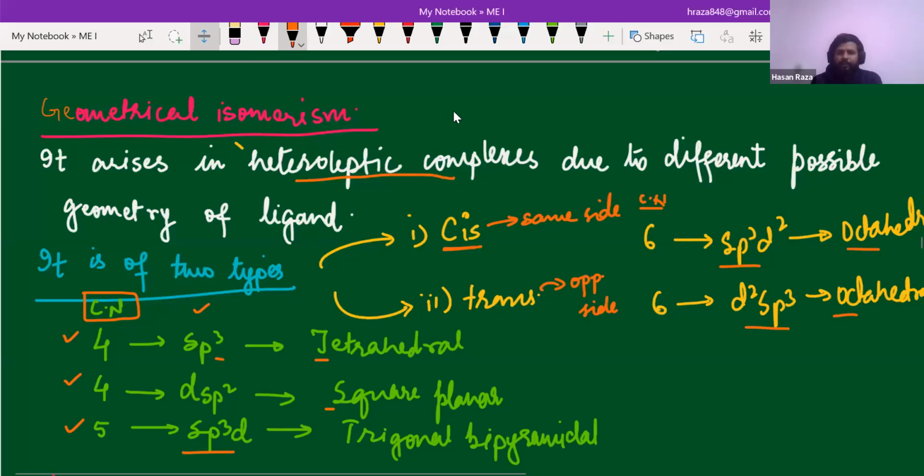Can you see the screen? Sir, geometrical isomerism, right? Yeah, I can see.